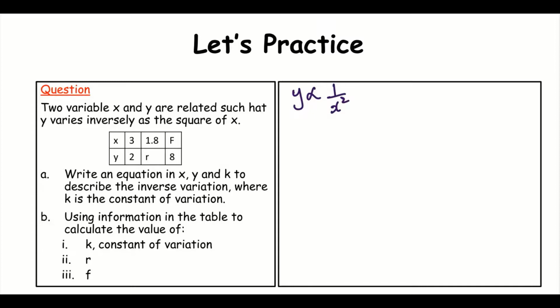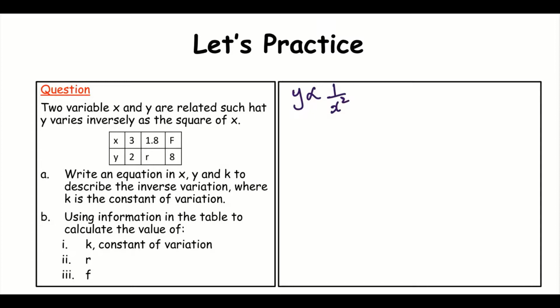Part A: write an equation in x, y, and k to describe the inverse variation, where k is the constant of variation. And part B: use the information in the table to calculate the value of k, the constant of variation, r, and f.